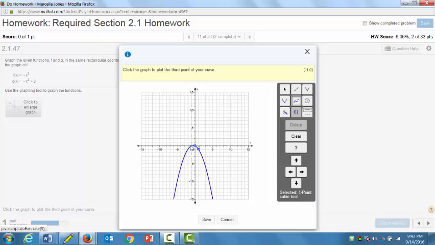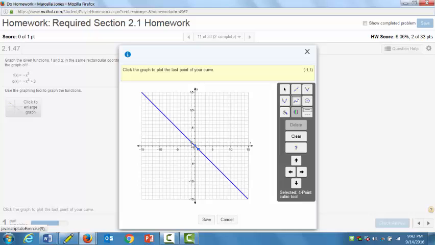So when I cube negative 1, I get negative 1 times negative 1 times negative 1, and that result is negative 1. Then I'm multiplying that by negative 1. So then I get a positive 1. So when x is negative 1, y is positive 1. So that's the third point.